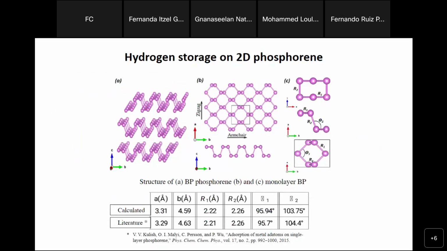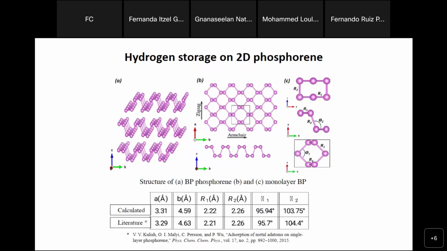After presenting the magnesium hydride as a massive system, now I will present two-dimensional systems, and among the two-dimensional systems that are potential for hydrogen storage, we find the 2D black phosphorene.